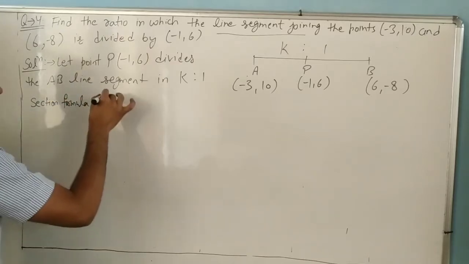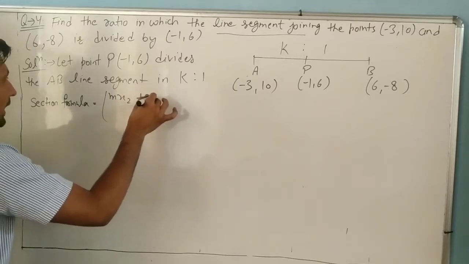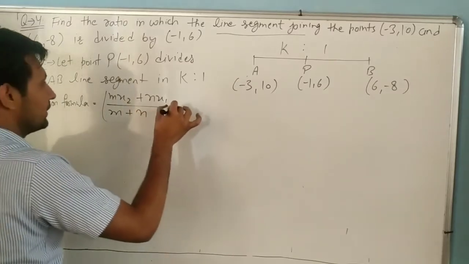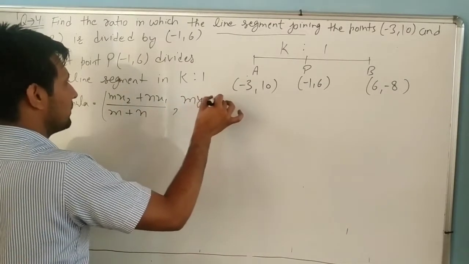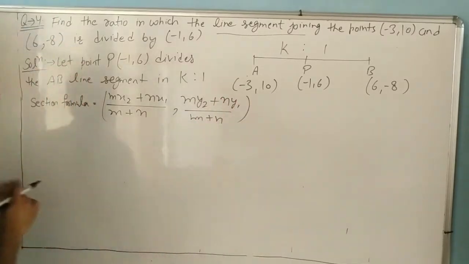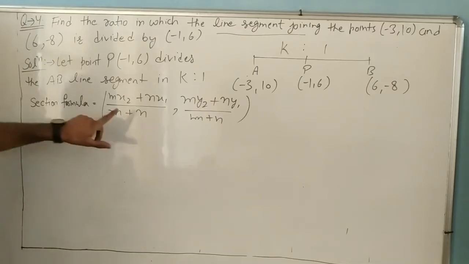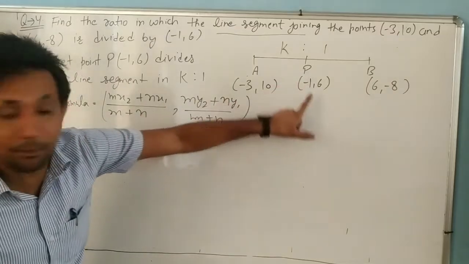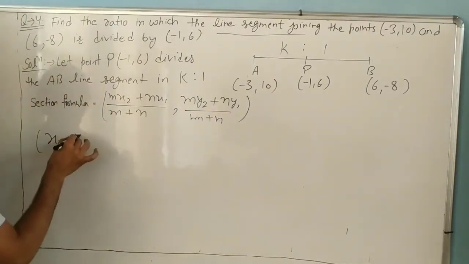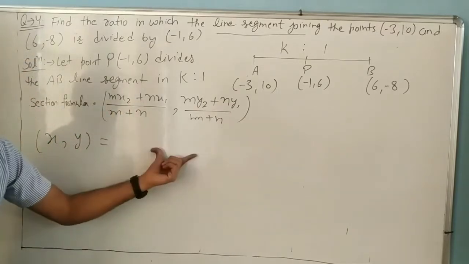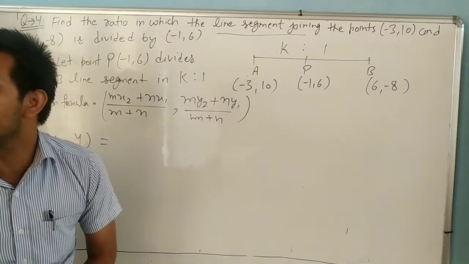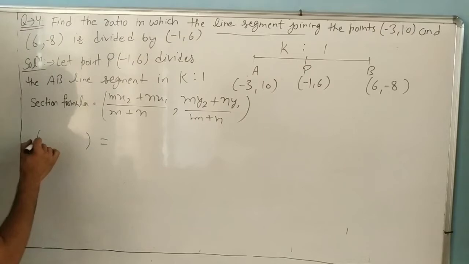What is the section formula? (mx2 + nx1)/(m + n), next (my2 + ny1)/(m + n). Everyone knows this section formula; these are the coordinates of whose point? Point P, or not?